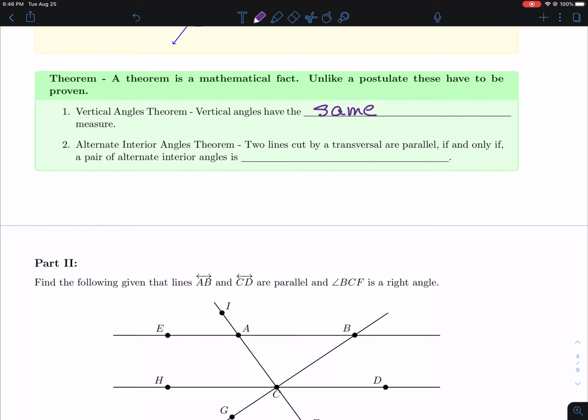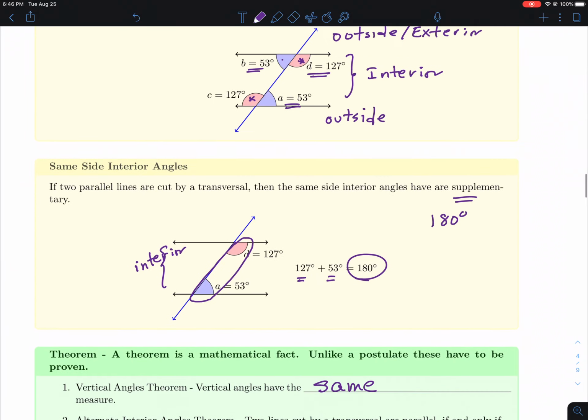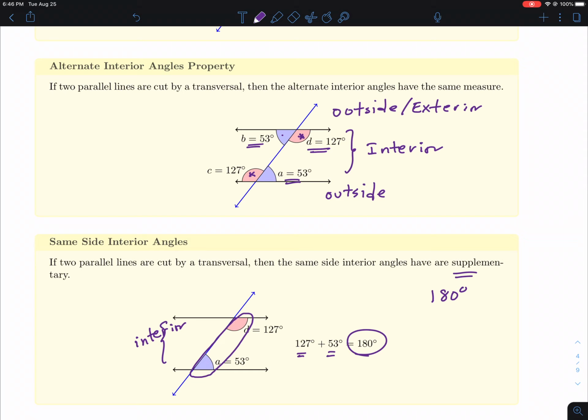All right, so two is the alternate interior angles theorem. This one piggybacks off of the previous one, but it actually works backwards in this case. Before, we were saying if two parallel lines were cut by a transversal, then the alternate interior angles have the same measure.